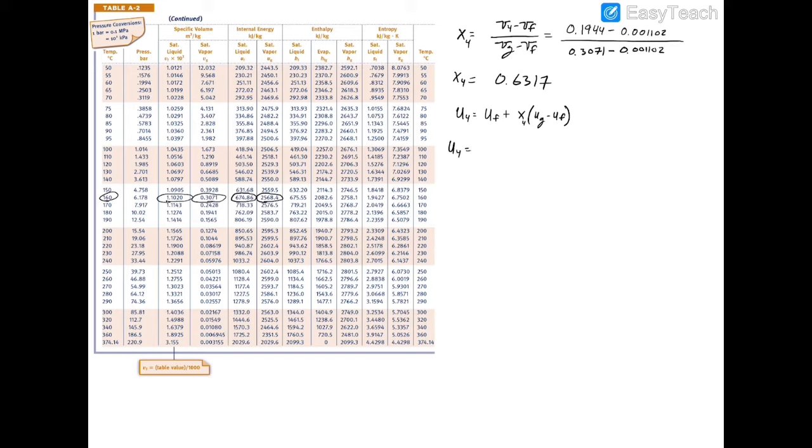So u4 is equal to 674.86 plus 0.6317 times 2568.4 minus 674.86 kilojoules per kilogram. You'll have that u4 is equal to 1871.01 kilojoules per kilogram.